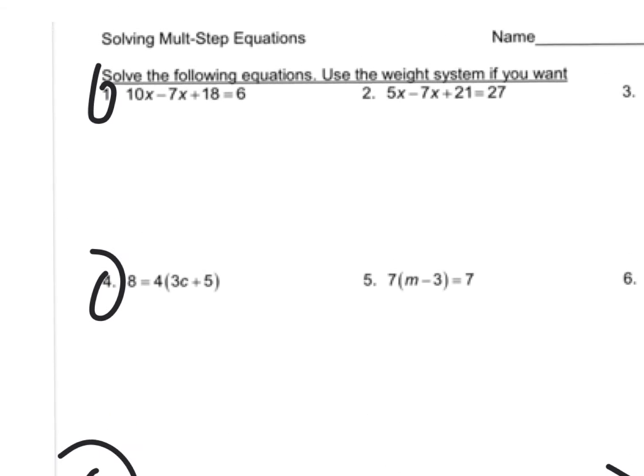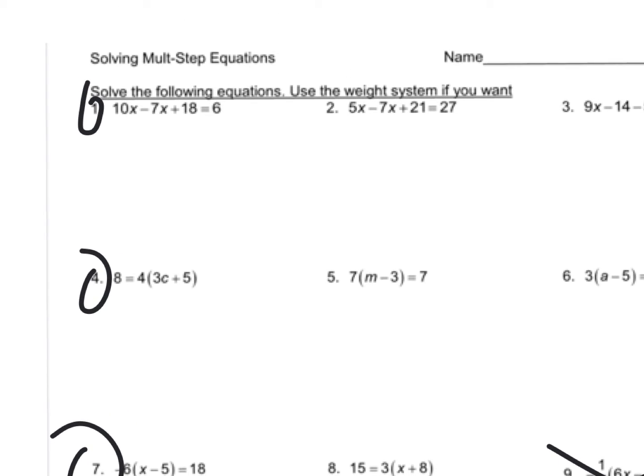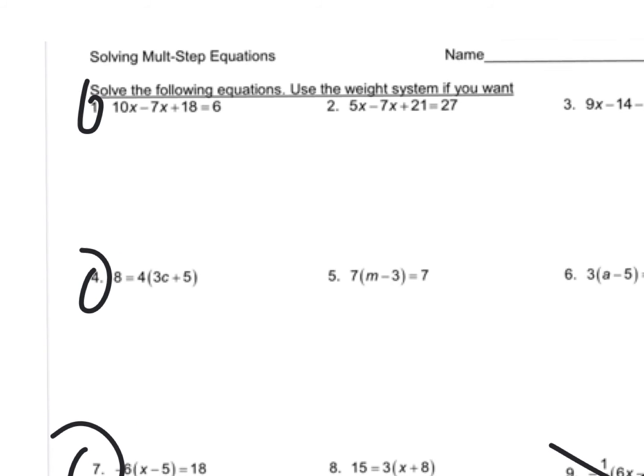Alright, so you can try drawing the weight system for these if you want. You don't have to though. So if we look here, equal sign, there's our dividing line where we have the left hand side of the weight and the right hand side of the weight. So we have a 10x and the 7x being subtracted off the bat. You can just think of that in the weight system like we start off with 10 x's here, and then we have a negative 7 x's here.